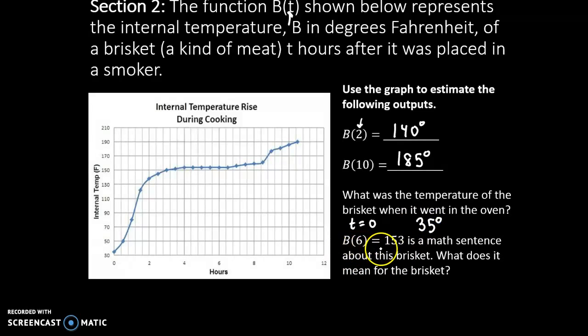B of 6 equals 153 is a math sentence about this brisket. What does it mean for the brisket? Well, 6 is the x-coordinate, and the x-coordinate is hours. So 6 hours after it goes in the oven, the temperature is 153.